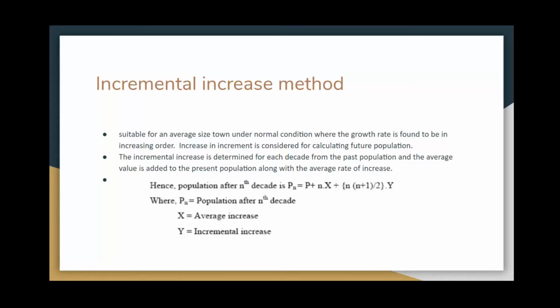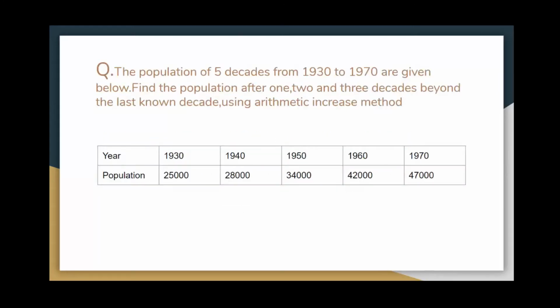Capital Y is the y bar, that is the incremental increase in population. Pn is the population after nth decade, X is the average increase, and Y is the incremental increase.